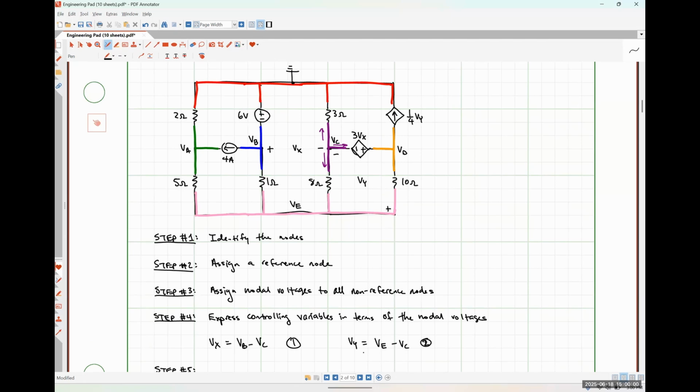So the best thing that I could do here would be to call this current, I'm going to give it a name here, IVCVS from left to right. Okay. So it's the current flowing through our voltage-controlled voltage source from left to right.